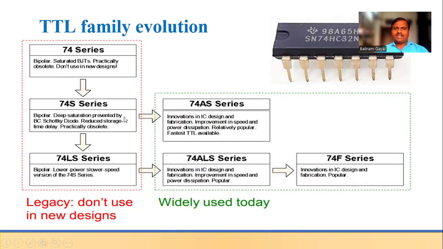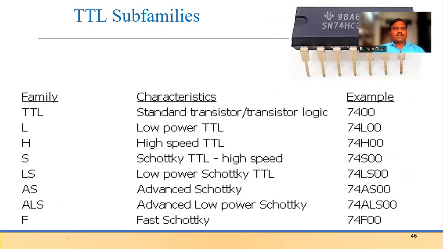Then from the 74S series, there is the 74AS series, with innovations in IC design and fabrication. While from the 74LS, we have another evolution, the 74ALS series, innovation in IC design and fabrication, improvement in speed and power dissipation, popular. Then the next version is the 74F series, innovation in IC design and fabrication, also popular.